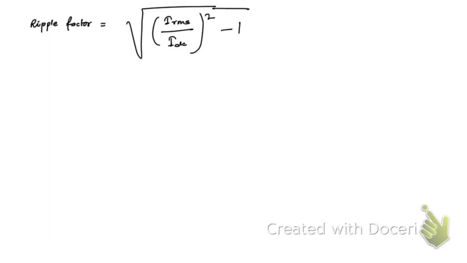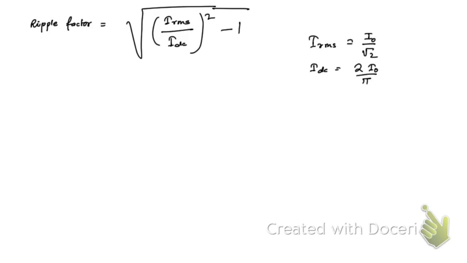Remember that I RMS is equal to 1 by root 2 times the maximum current, and I DC is 2 by pi times the maximum current.